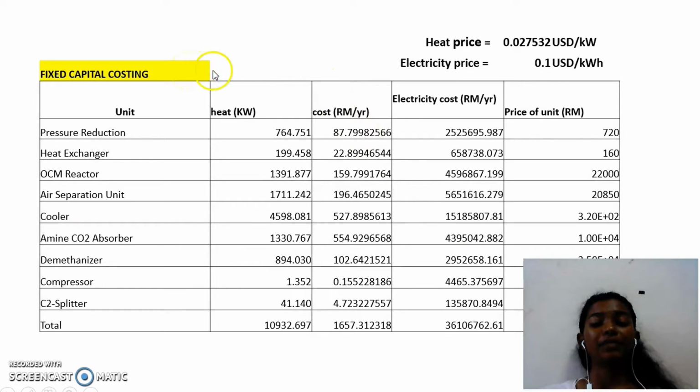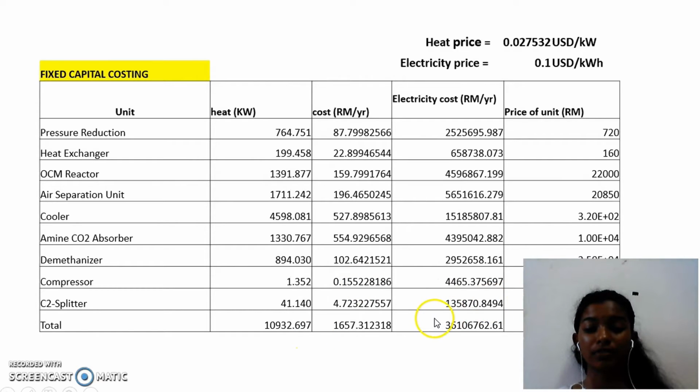The fixed capital costing is also calculated for each unit. We calculated the Q value, which is shown in the previous slides. So for each unit we calculated the value of Q and the cost per year, and the electricity cost is also obtained from the internet, and it's Ringgit Malaysia per year, and we calculated it for each unit.